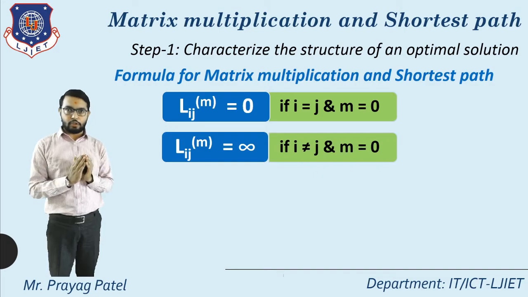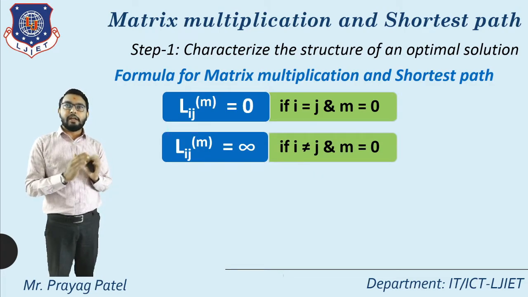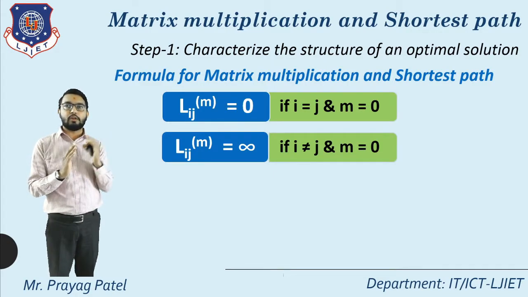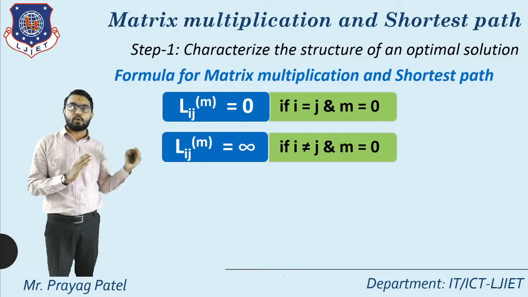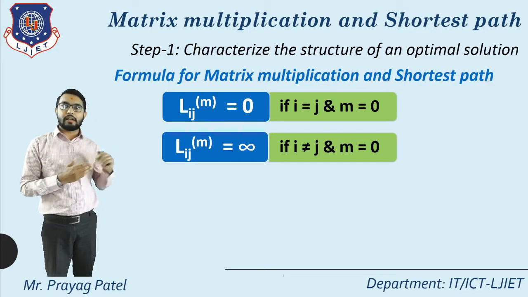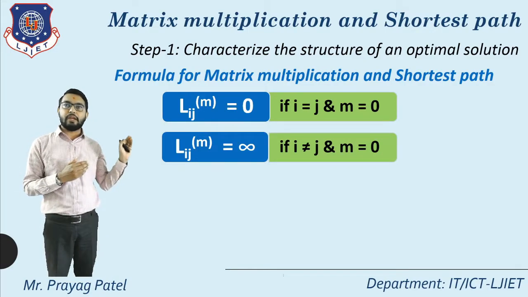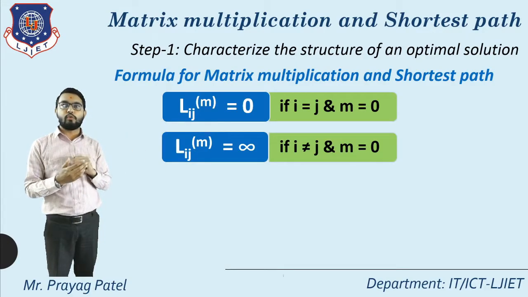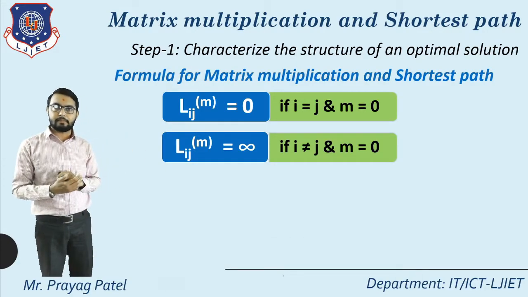M equal to 0 means consider it as the initial condition, the first step. In the first step you can represent the distance from 1 to 1, 2 to 2, 3 to 3 up to n equal to 0 and all remaining elements consider as infinity. So here L of i j m equal to infinity if i not equal to j, means 1 2, 1 3, 1 4, 1 5 like this.